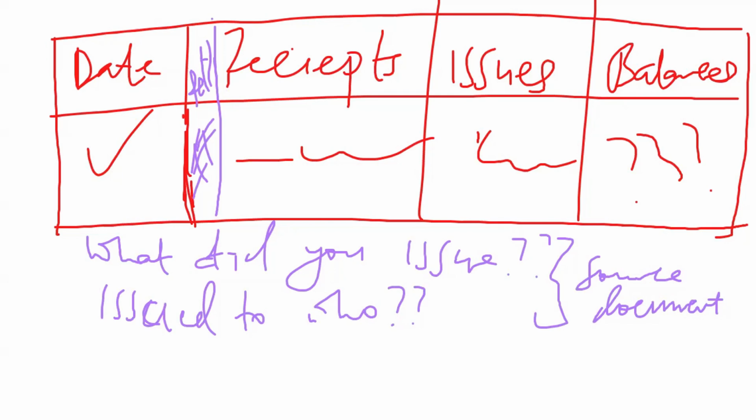Those reference numbers come with the material requisition notes, such that when I'm accounting for my stock or my stores, I have the source document that can support all that I did in the stores.